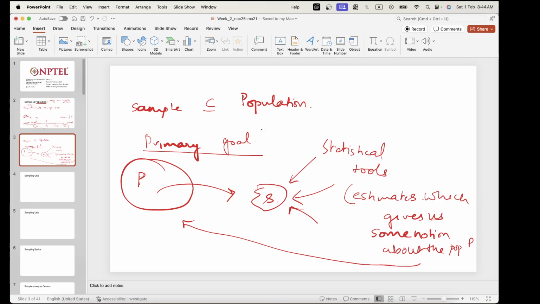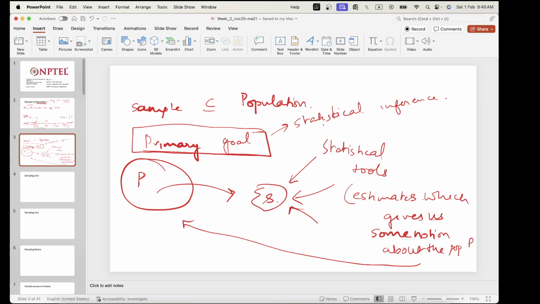This is the primary goal of statistical inference.